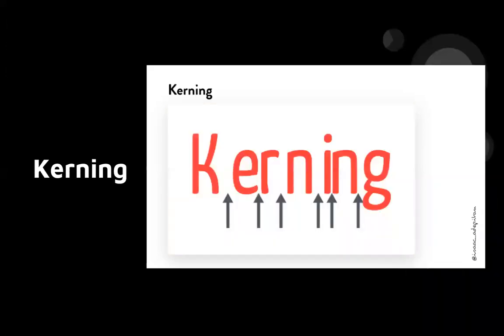Next we have kerning. Kerning is more or less the process of adjusting the space between characters. There are some fonts or typefaces that are notorious for when you bring in two particular characters, they tend to be too close together, like when you bring a capital E and a capital V. I think Avenir does that a lot. They are so close together that you can't really see the spacing.